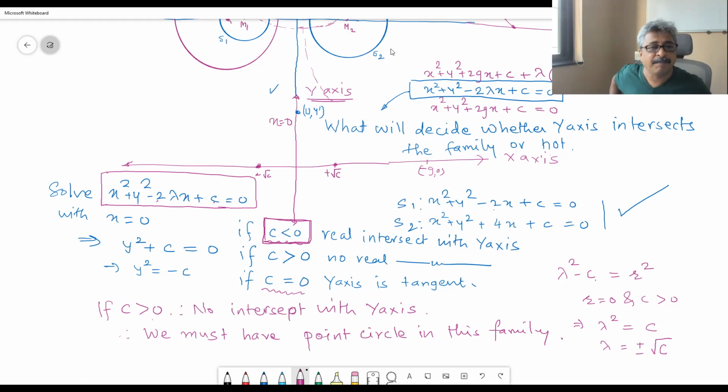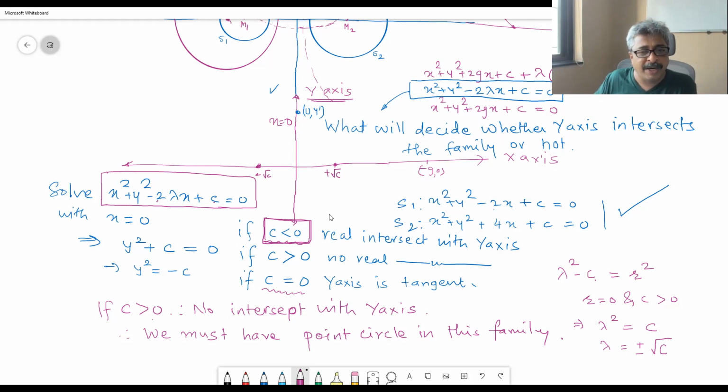I think it completes our story. If c is less than 0, real intersect with the y-axis, that means you have a point circle on the orthogonal family. If c is greater than 0, that means no real intercept with the y-axis. That means these two circles are distinct circles, and they can be made smaller and smaller, and you end up having 2 point circles.